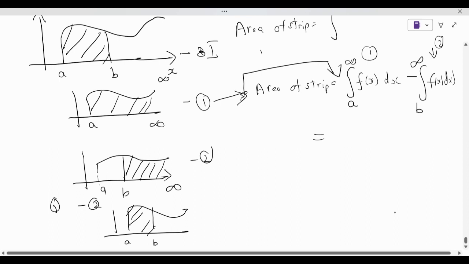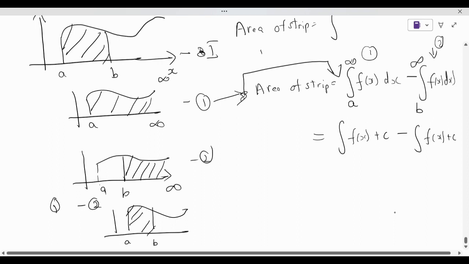Each curve will be f of x plus c, so it becomes f of x plus c minus f of x plus c.